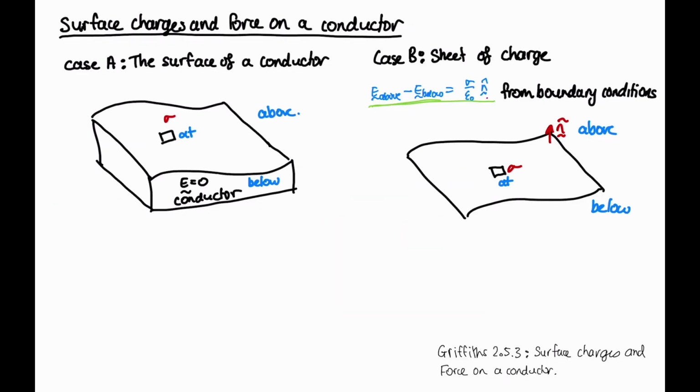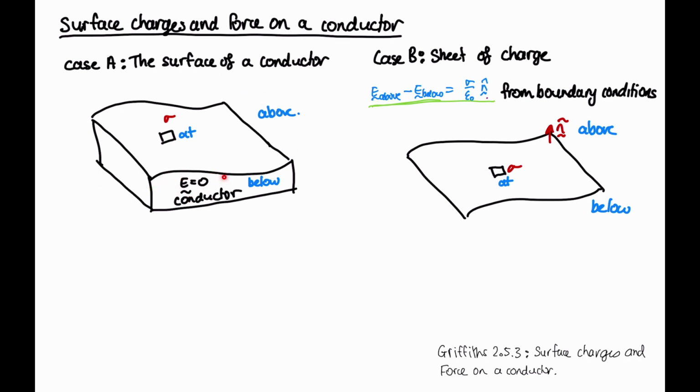So we're now going to be considering the electric field at the surface of a conductor and using that to derive some useful equations about the force and the pressure on charges in the surface of a conductor. So the picture I want you to have in your mind is the surface of a conductor like this.